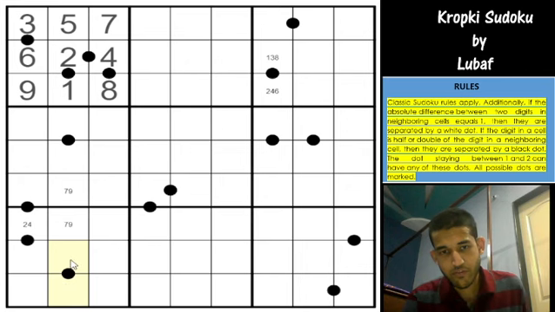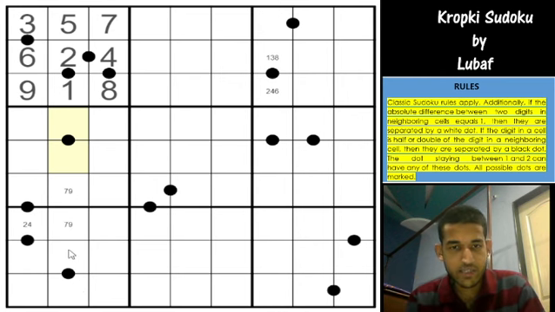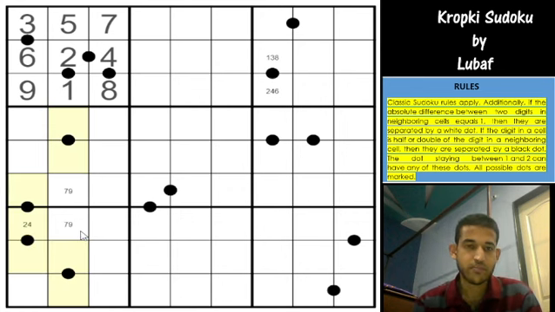Suppose if this is a 4 and 8, this becomes 2, and if this is a 4 and 8, okay, there seems to be some kind of interaction between all these black dots. It's not really clear what is the thing, but there seems to be something.